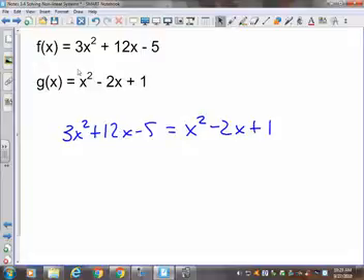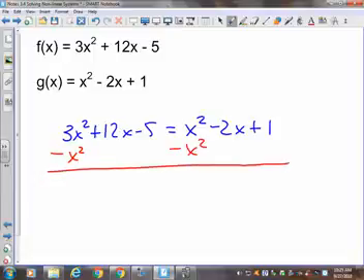So again, how am I going to get this x squared over here with 3x squared? That's right, subtract x squared. How am I going to get negative 2x over there? Add 2x, exactly. And I'm lining them up under the correct terms so my math will go quick. And then, of course, to get rid of a positive 1, what am I going to do, Josh? That's right, I'm going to subtract 1.